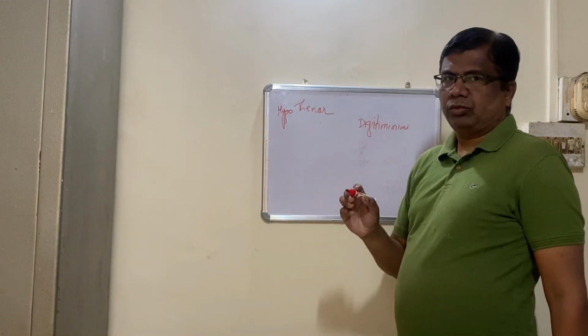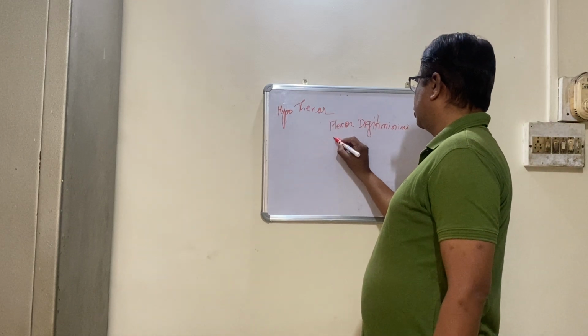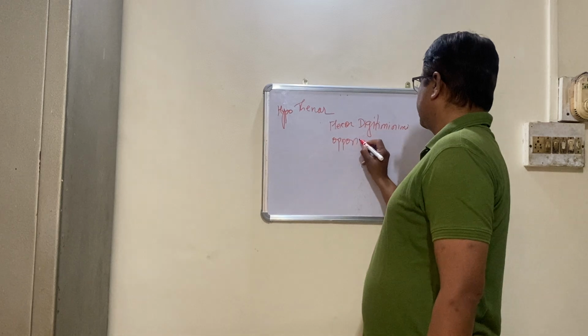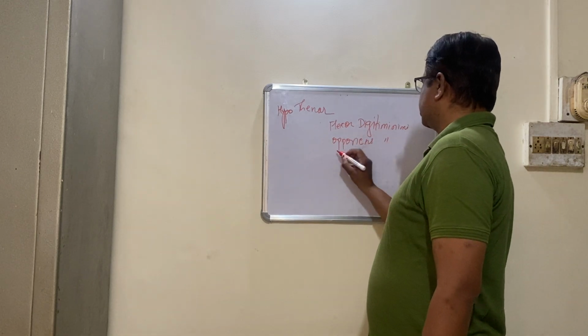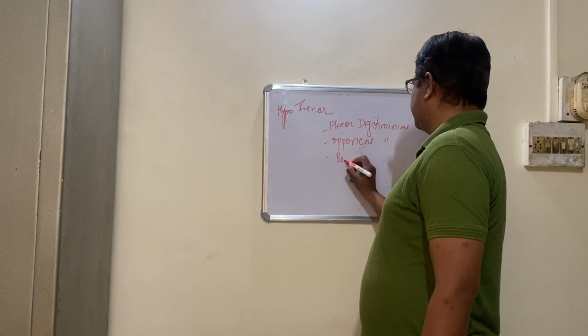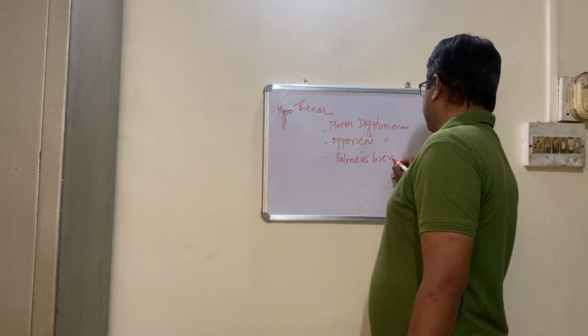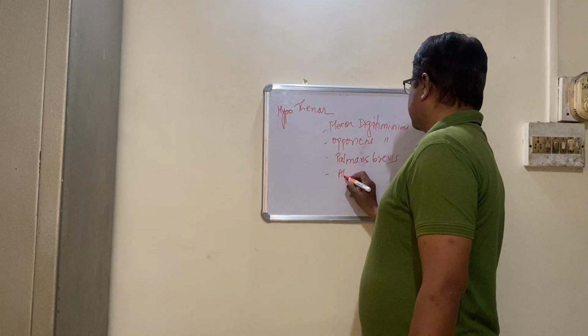The muscles here are flexor digiti minimi brevis, opponens digiti minimi, palmaris brevis, and abductor digiti minimi.